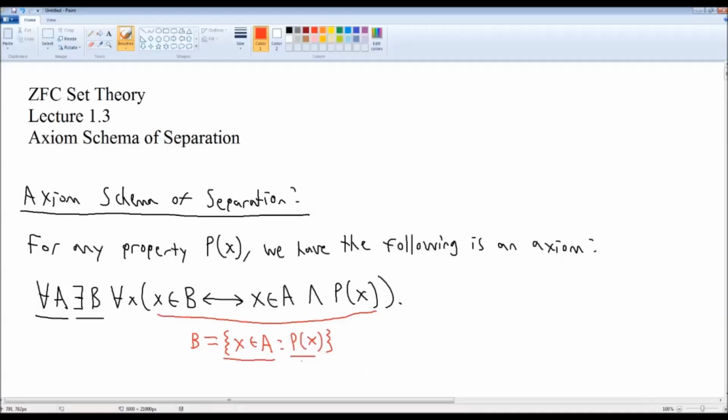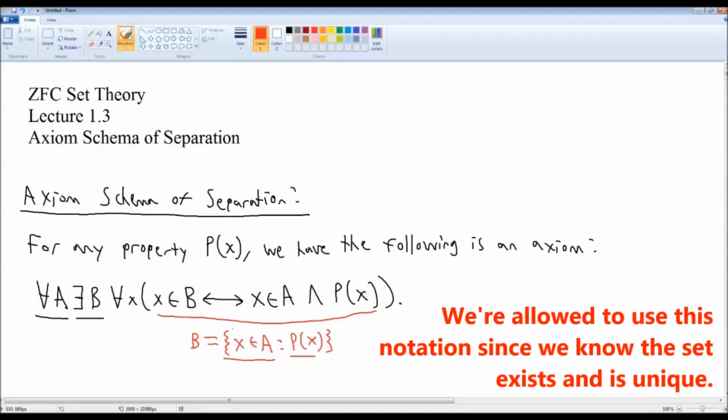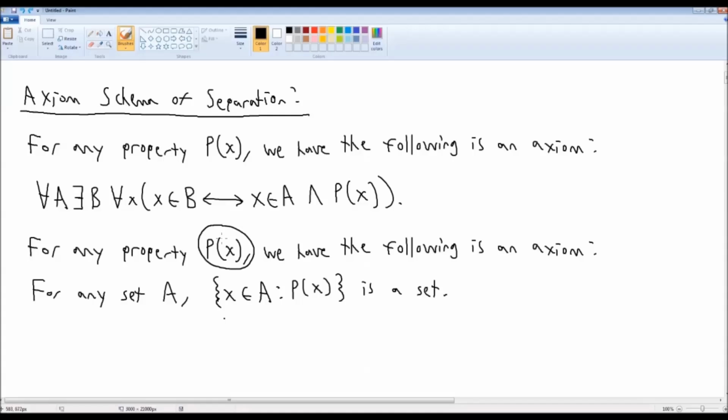So B is this subset. Since by the axiom of extensionality, we know two sets are equal if and only if they have the same elements, this notation is not ambiguous, so we can reuse it. In other words, for any property P of X in any set A, this set exists.